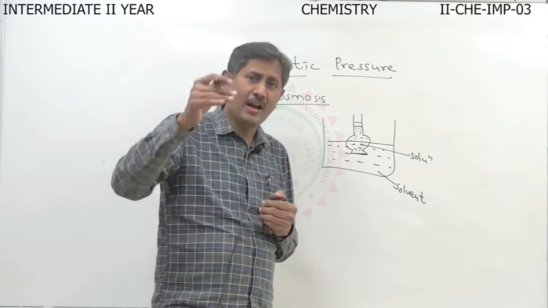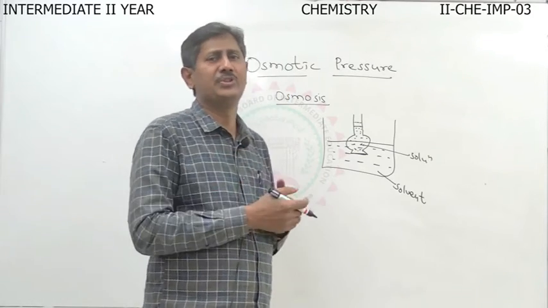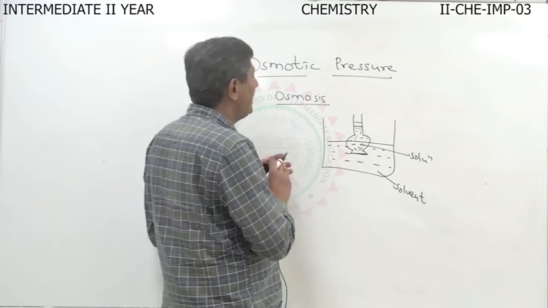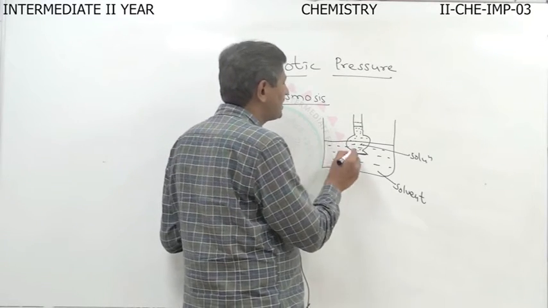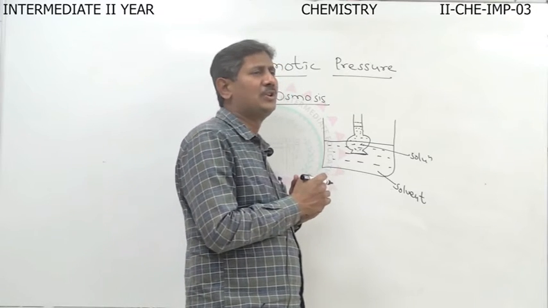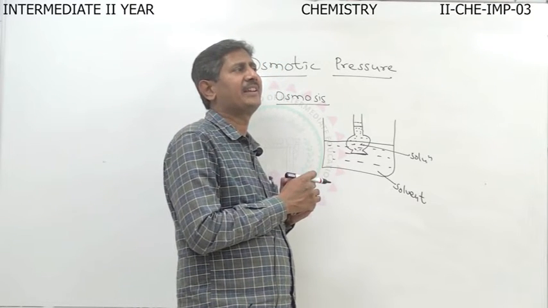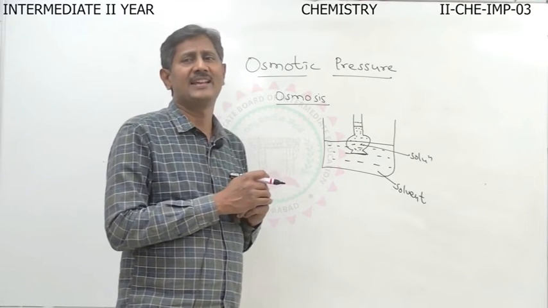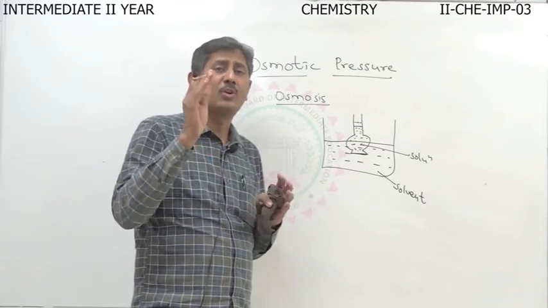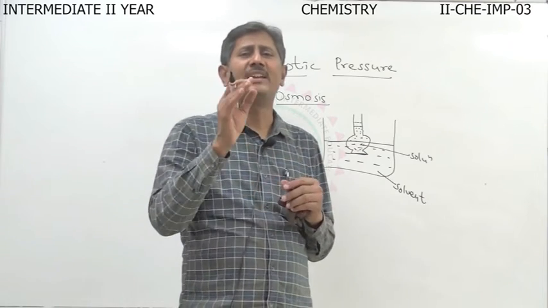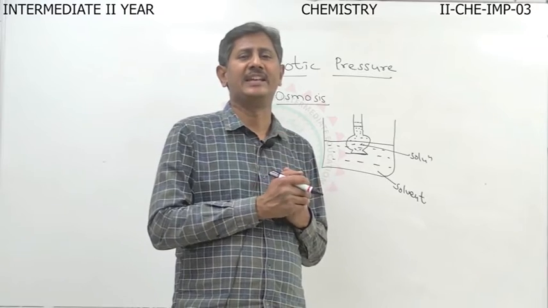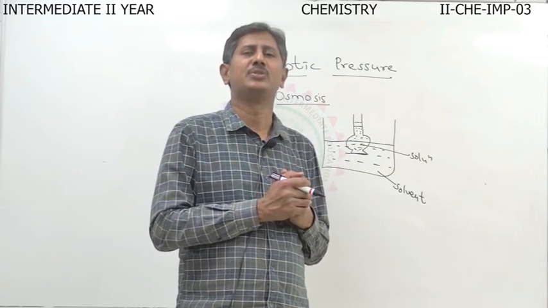Here generally parchment paper and cellulose acetate work as semi-permeable membranes, and a pig's bladder also works as one. The role of the semi-permeable membrane is that it allows only solvent particles to pass, and doesn't allow solute particles to pass.